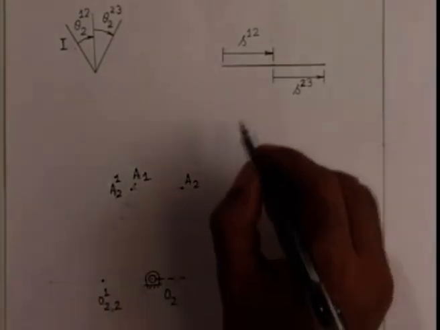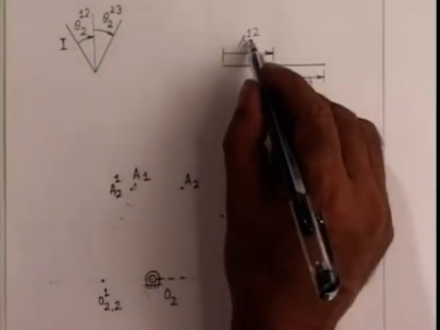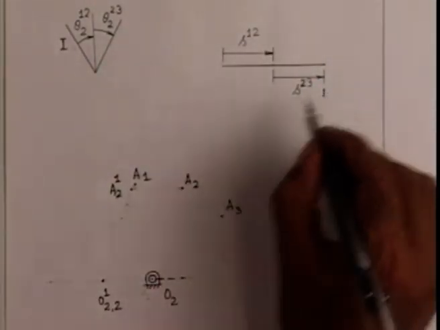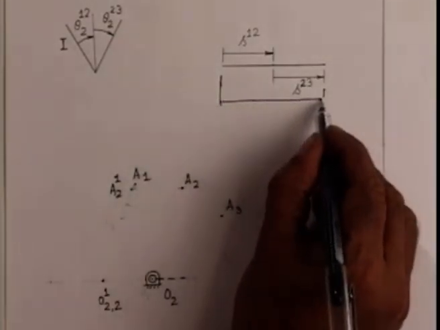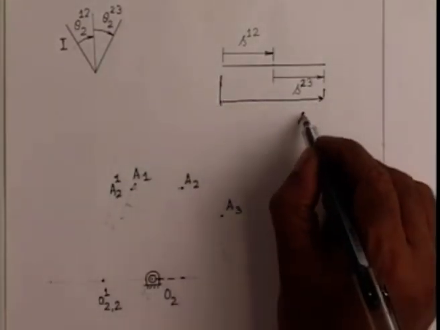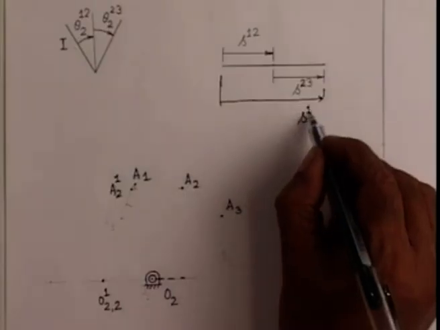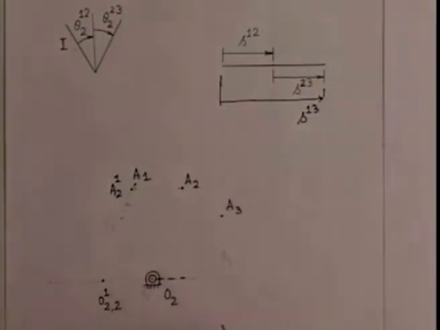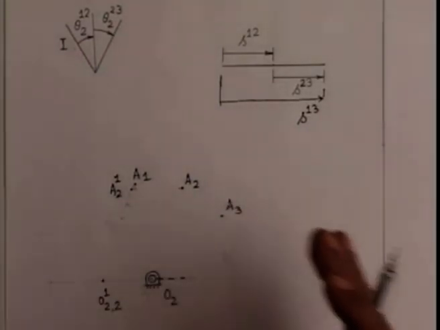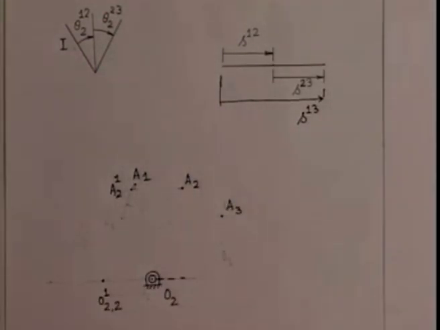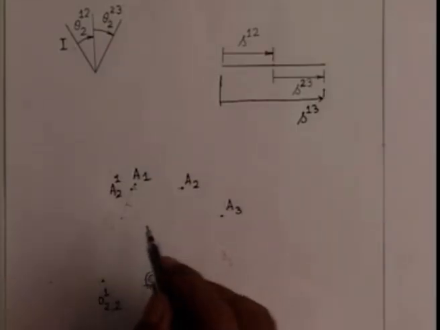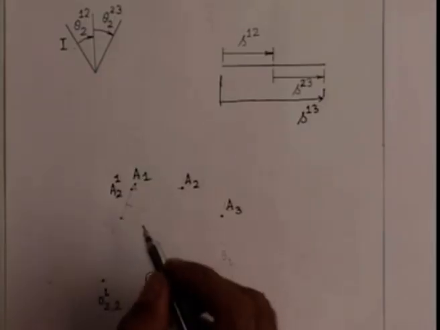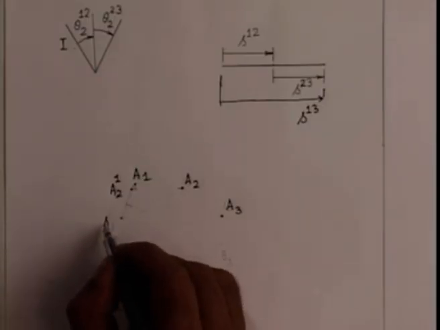Similarly, this whole distance S12 plus S23, this whole distance is what I call S13, that is to the right. So holding the slider fixed, we move the fixed link and the crank to the left. So A3 I move by minus S13 to the left and get to this point, which I call A31.